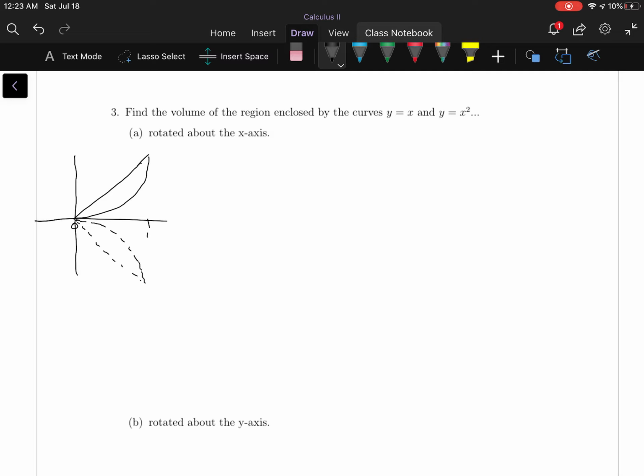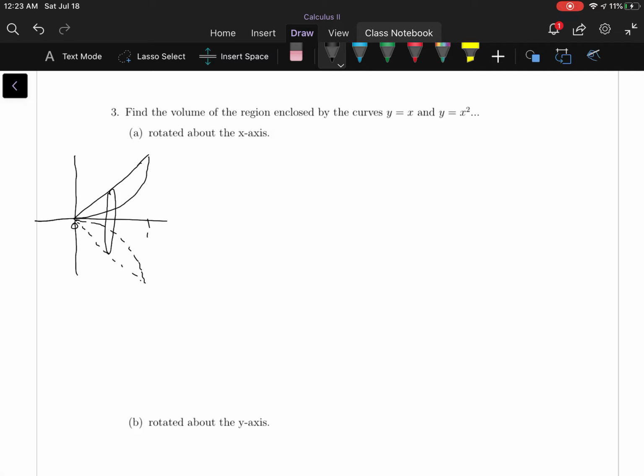Rotating about the x-axis is going to give us that. And I'm going to take this cross section here, which you'll notice if you visualize this shape, it's kind of like a flower. You have petals on the outside, you have petals on the inside. You really only want the volume of what's happening in between.